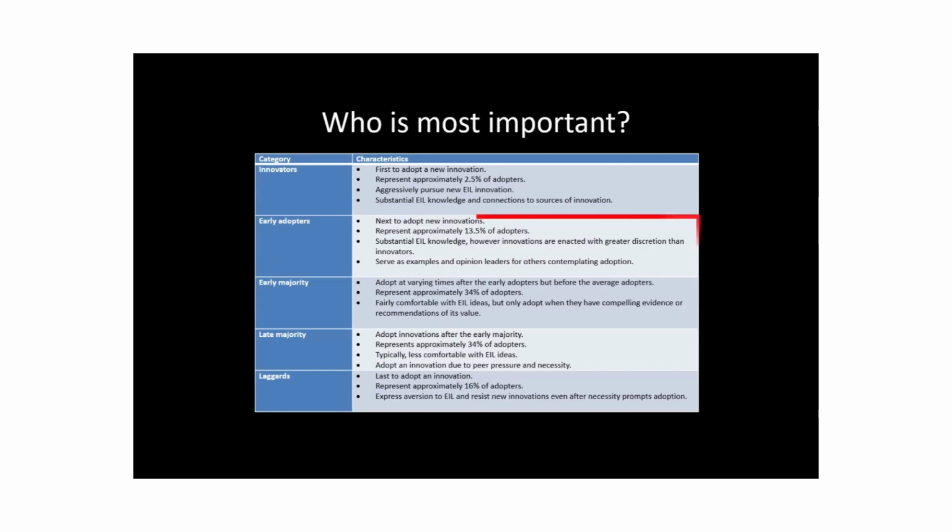And so in terms of who's most important, it's actually these early adopters, because they're the ones that start to build a critical mass, but they're also the ones that the early majority might be more likely to listen to, because they'll see the innovators as perhaps too radical in their ideas.